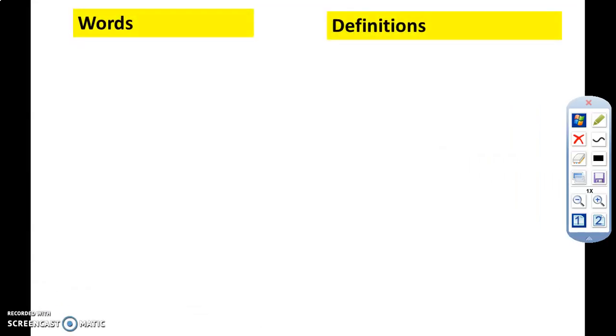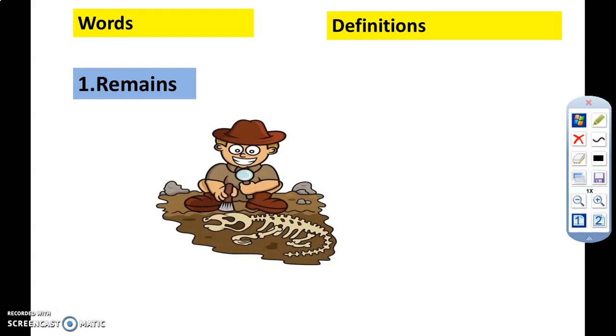Okay, let's start with the first word. So what does the first word mean? It is remains. So what do we mean by remains?